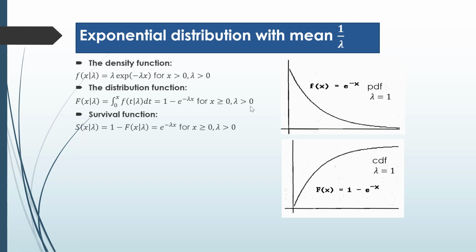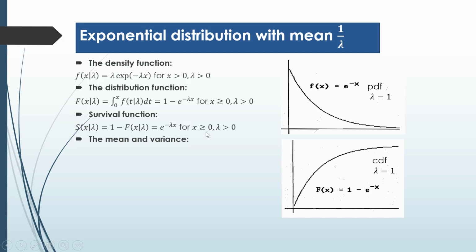The survival function is 1 minus the CDF, so you have e to the negative lambda x. So for the exponential distribution, not only the density and distribution function, you also have to remember the survival function, but actually this is very easy to remember. It's just 1 subtract the distribution function, the CDF.